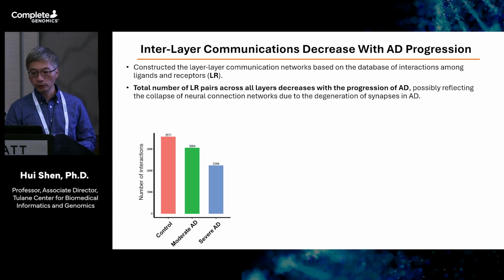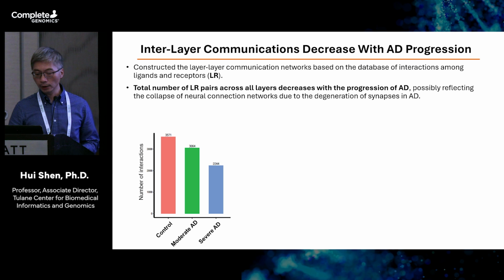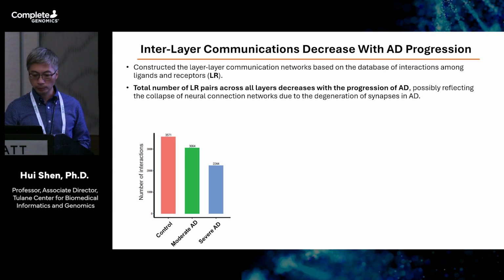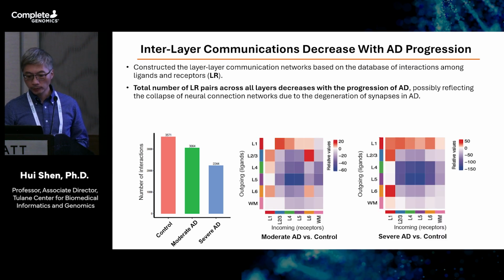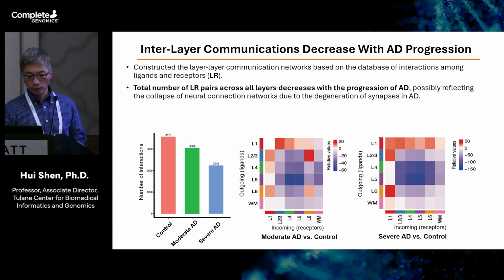And we think this possibly reflects the collapse of the neural connection network due to neuron degeneration in the AD group. These two figures show a more detailed pairwise comparison of the moderate AD and the severe AD versus the control, across different layers.